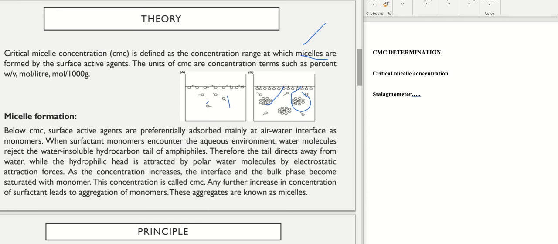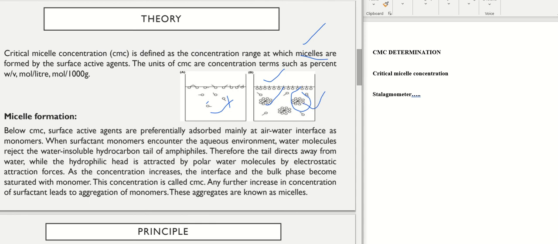Now, as the concentration of surfactant increases, the surfactant molecules in the system and at the interface also increase, and at a certain point it becomes saturated. The bulk phase and the interface will get saturated and they tend to form a micelle.